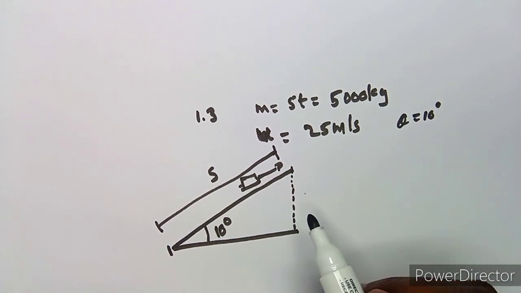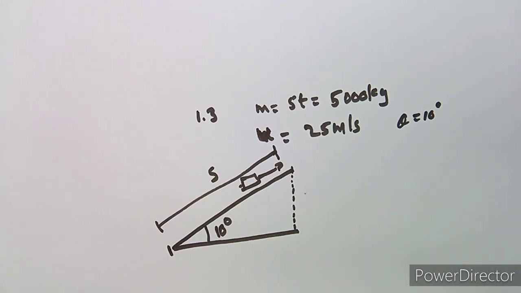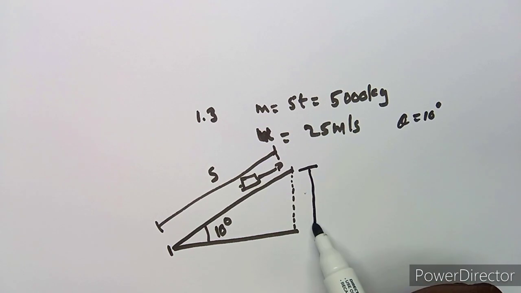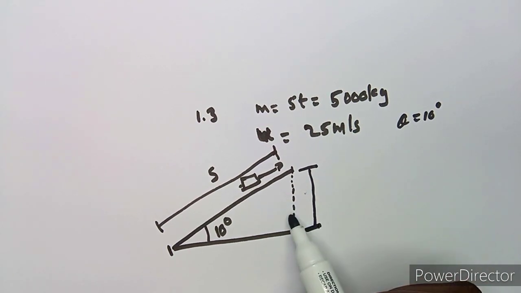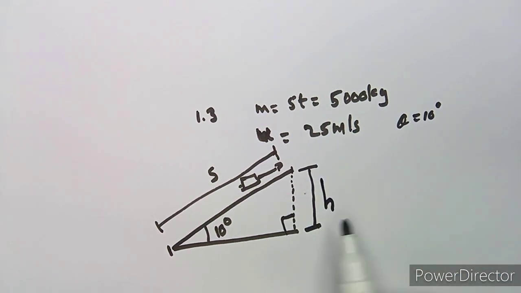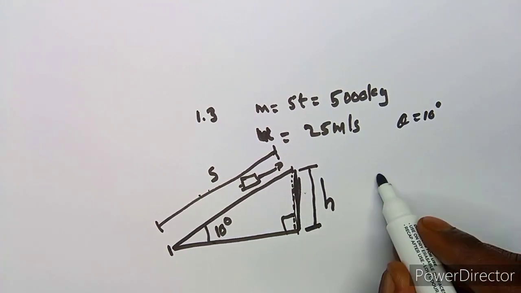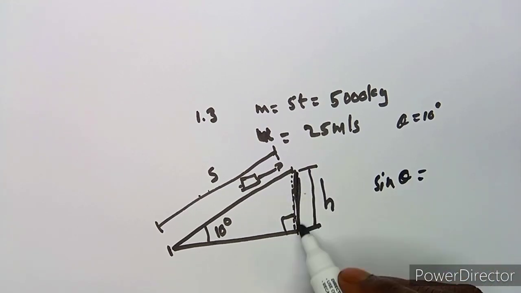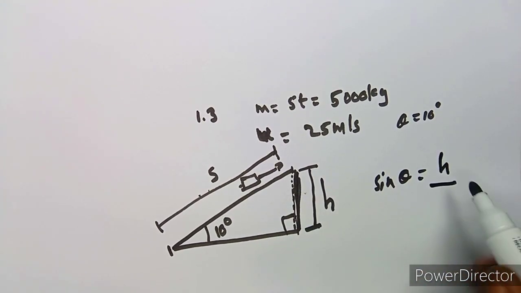All right, let's take into consideration that we know this side, this height. Definitely we can play around because we know that sine theta is equivalent to opposite over hypotenuse, which is opposite, that's h, over the hypotenuse, which is s.